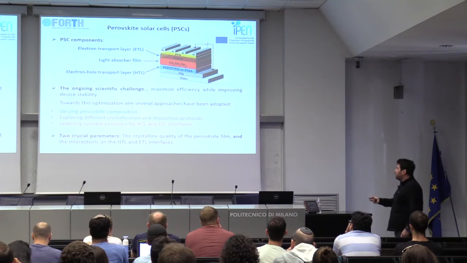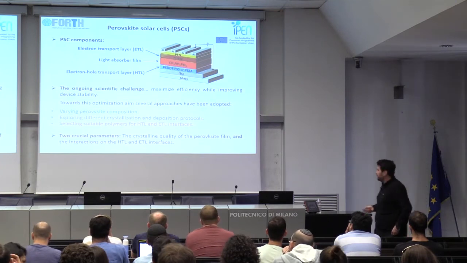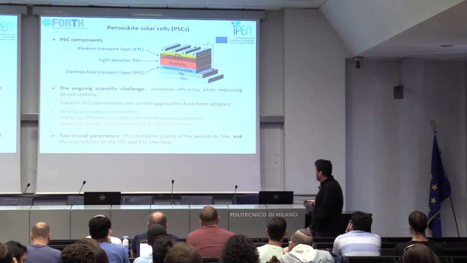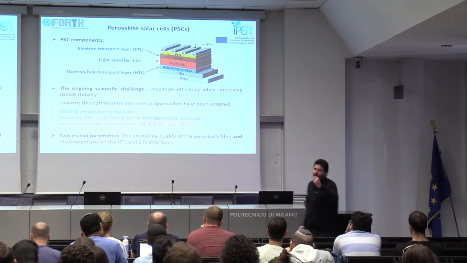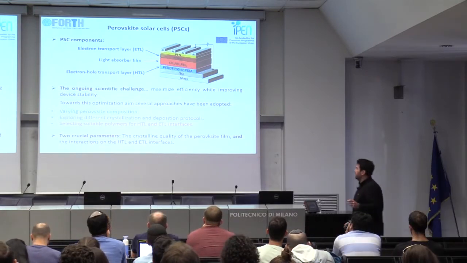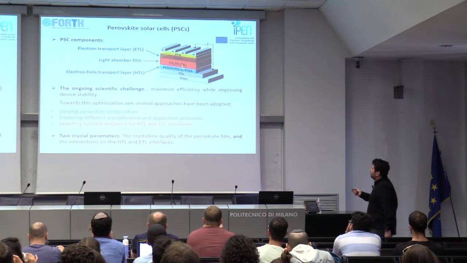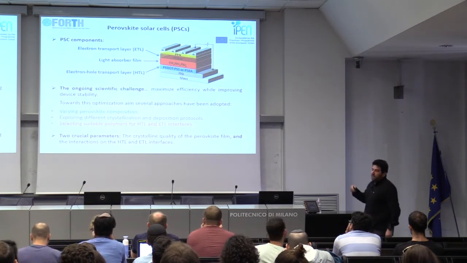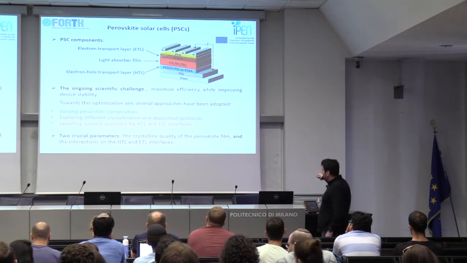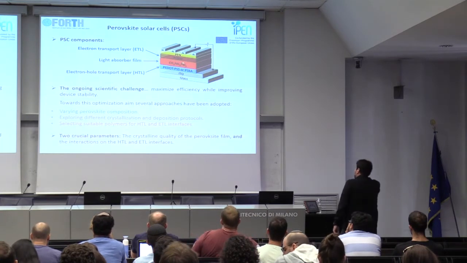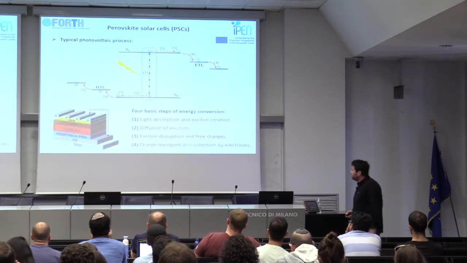The two crucial parameters that people acknowledge are the crystalline quality itself, so you really need to have a very good perovskite crystal, and the interactions of this crystalline layer with the HTL and the ETL interfaces.